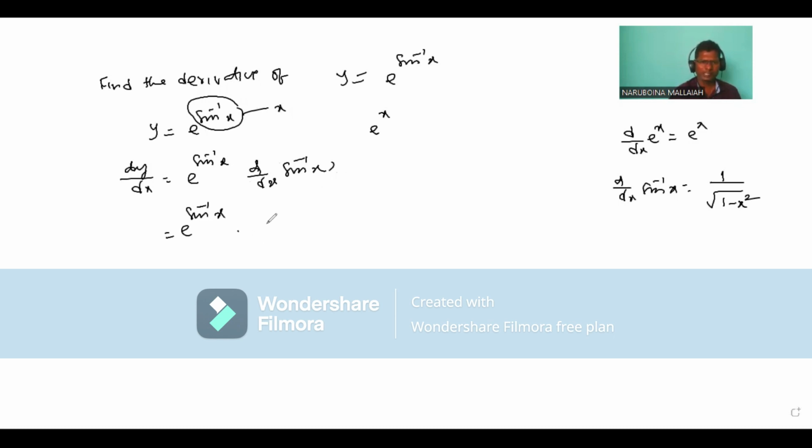Derivative of sine inverse x is 1 by square root of 1 minus x square. This is equal to e power sine inverse x into 1 by square root of 1 minus x square. So this is the f dash x.